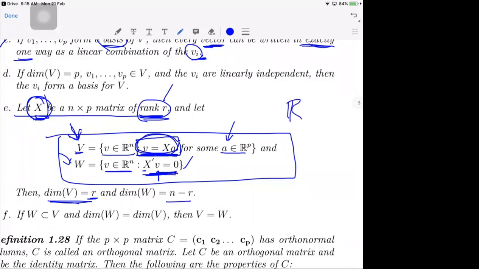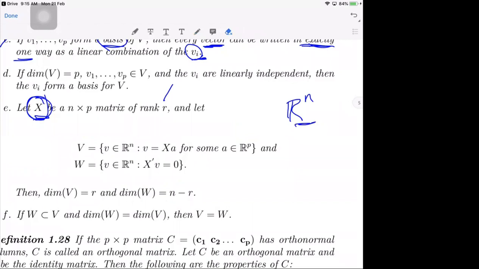Take note that this is in R to the n. So you take the dimension of R to the n, then minus the dimension of V. So that will be the dimension of this type of vectors, that is, those where pre-multiplying by X transpose gives 0.